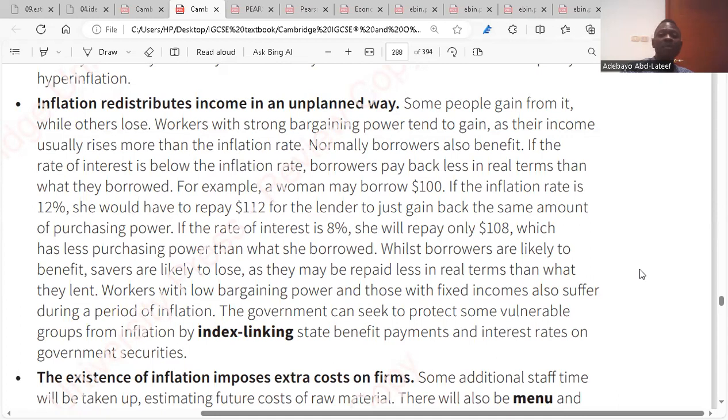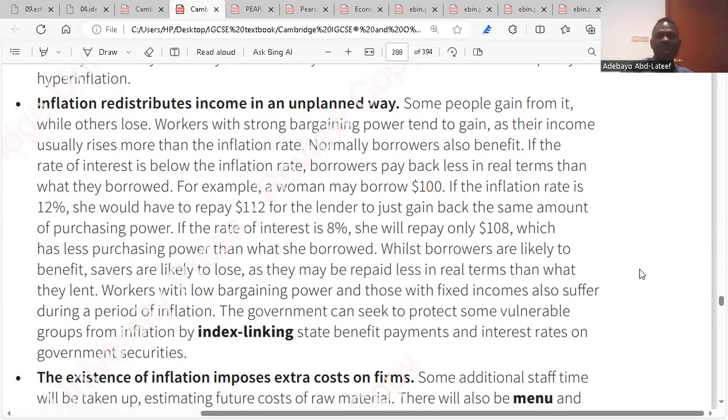For example, a woman may borrow $100 if the inflation rate is 12%. She would have to repay $112 for the lender to just gain back the same amount of purchasing power. If the interest rate is 8%, she will repay only $108, which has less purchasing power than what she borrowed. While borrowers are likely to benefit, savers are likely to lose, as they may be repaid less in real terms than what they lent.